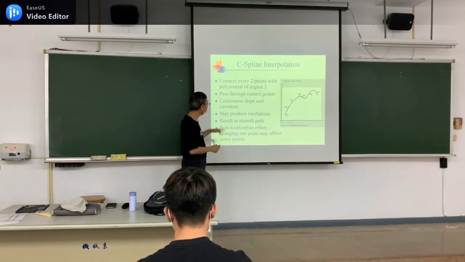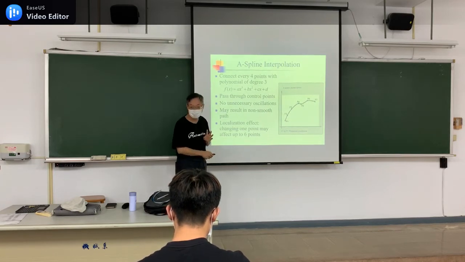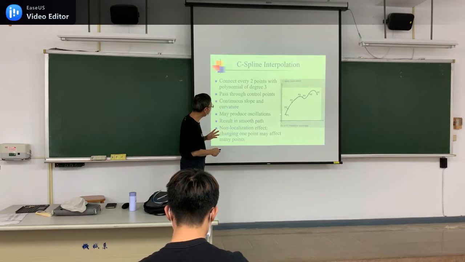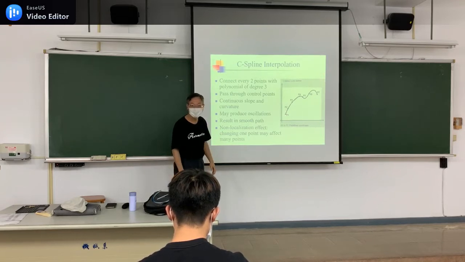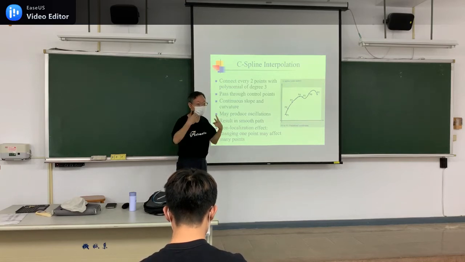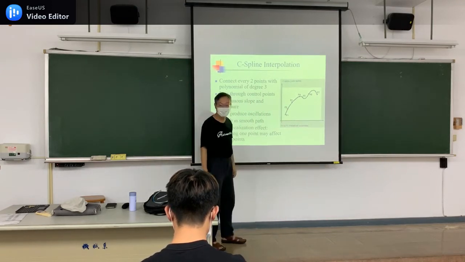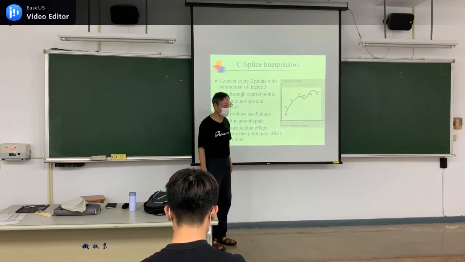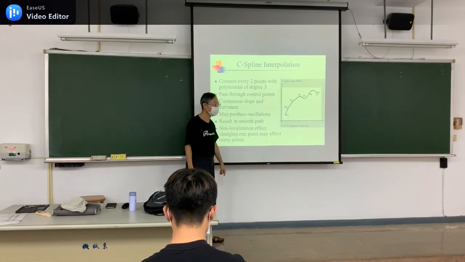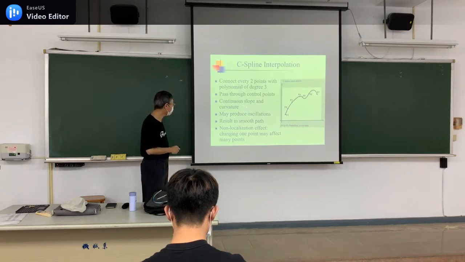So one condition is that the slope is continuous. Another condition is that, one step further, curvature is continuous. So we can have continuous slope and curvature.